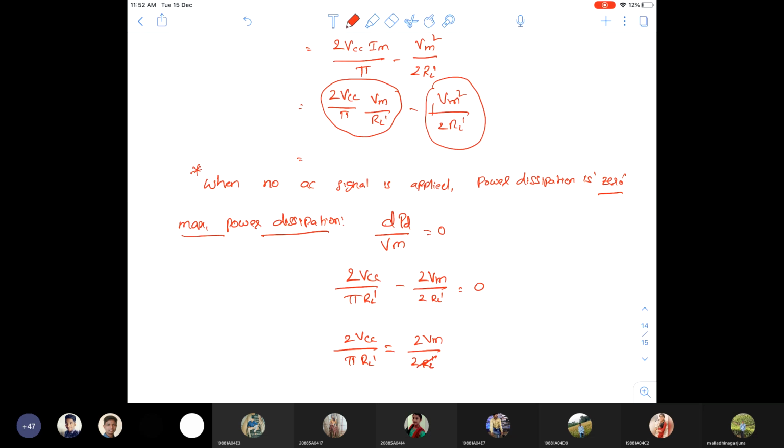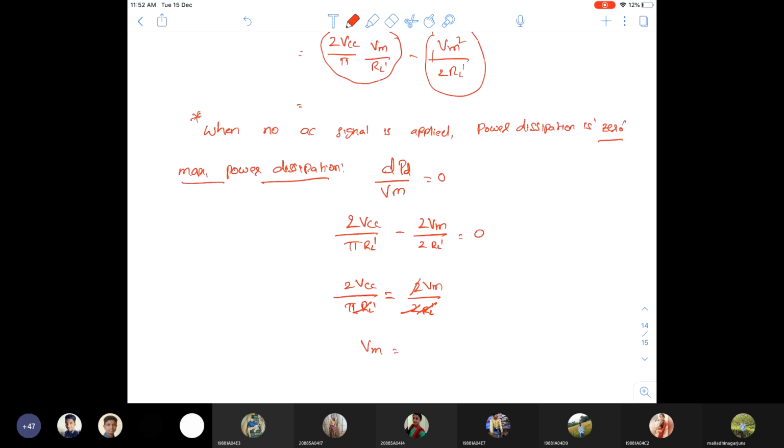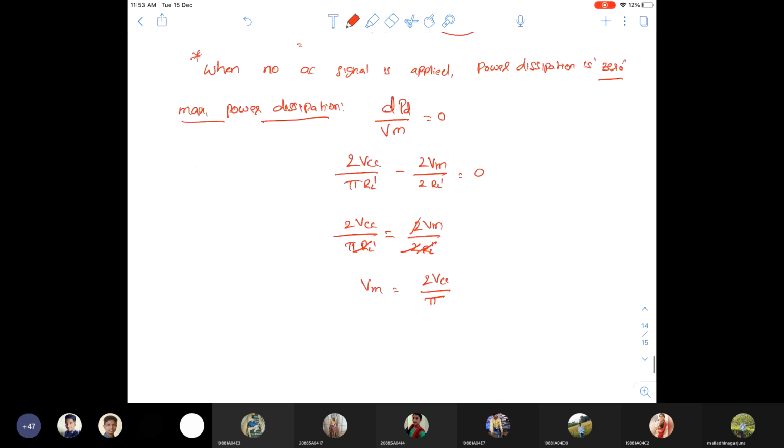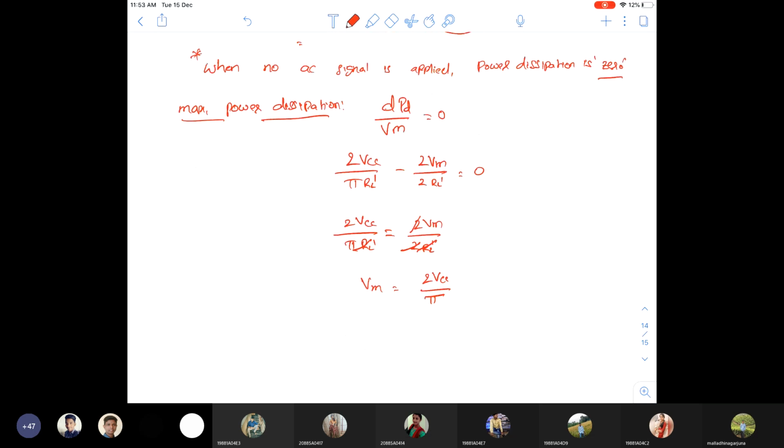Okay, RL dash cancel, 2 cancel. So Vm is equal to 2 VCC by pi. Okay, so now substitute Vm value in PD equation.